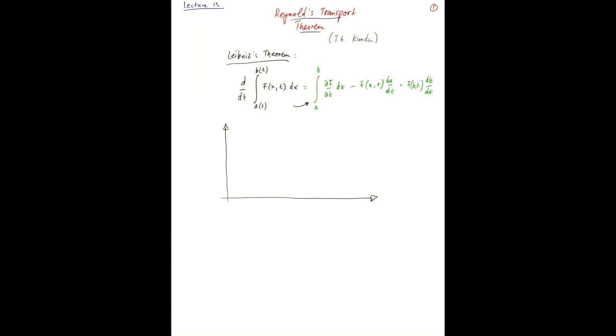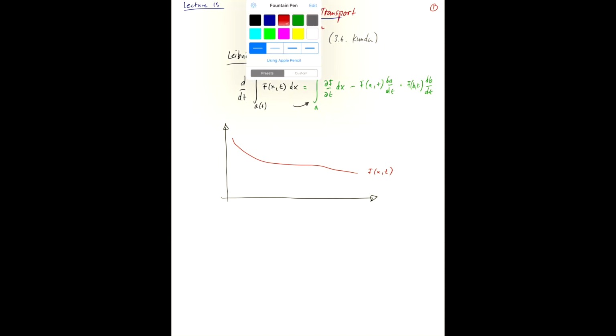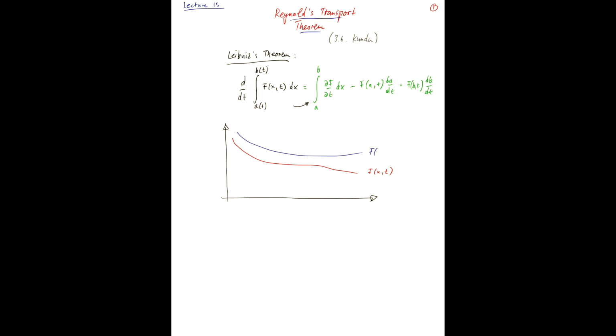If you have some function f of x and t, and after a short amount of time this changes to f of x and t plus dt, which you can Taylor expand, and that's just f of x and t plus dt times df/dt.